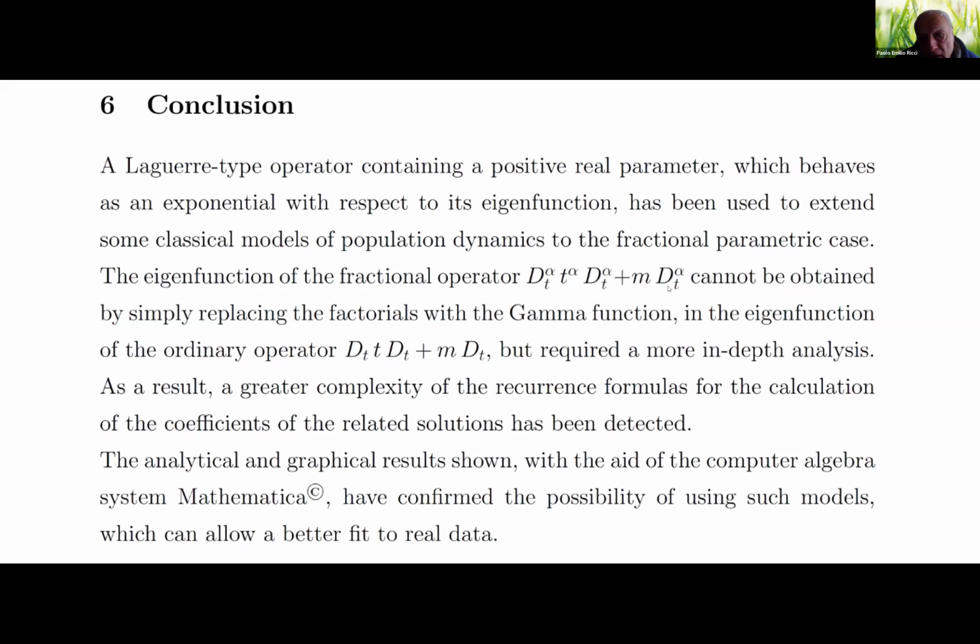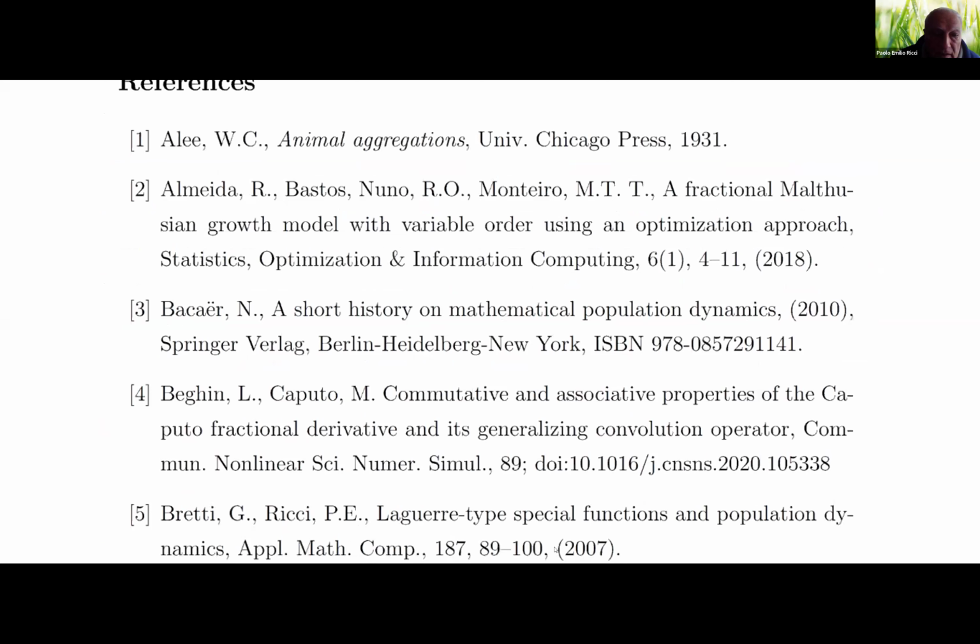So we mean that using this parameter in a practical case, it should be possible to improve the solution and fit better to the real data. There is a little literature starting from the classical result, Ali, Baker.